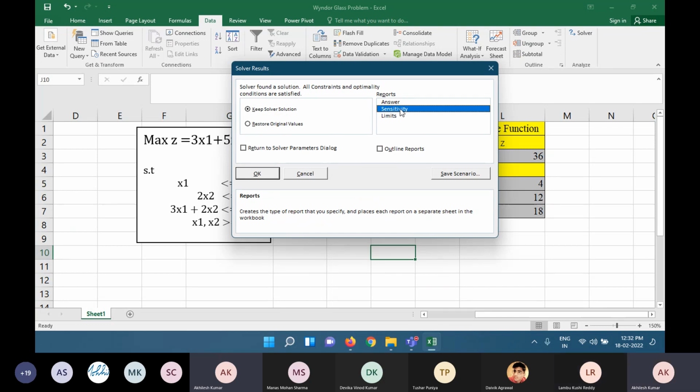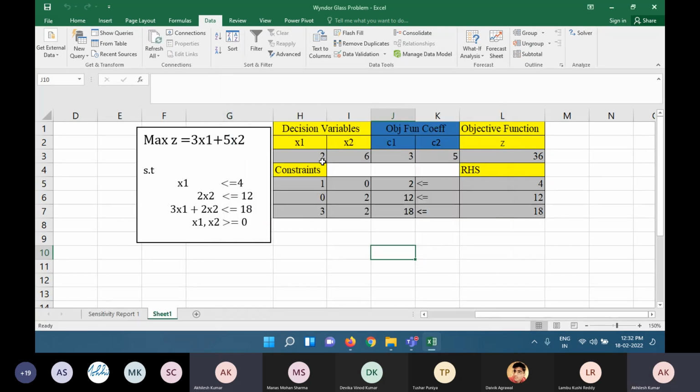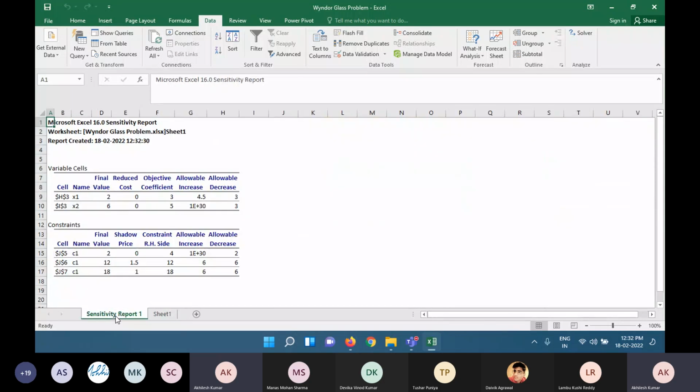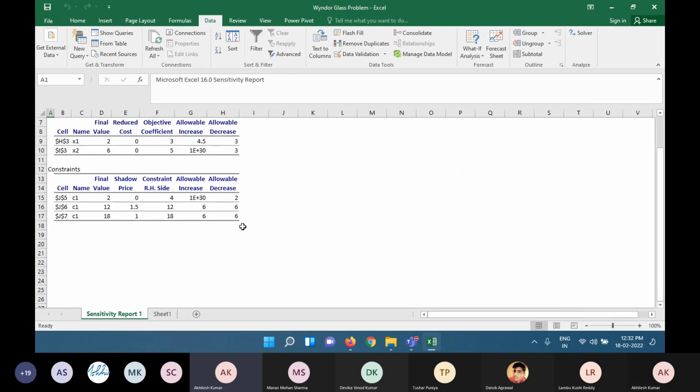Select that and click OK. Along with the answer, 2 and 6, and 36, you will see a new tab has appeared, called sensitivity report 1. A new worksheet. If you go in that worksheet, it will show you the allowable ranges for everyone.